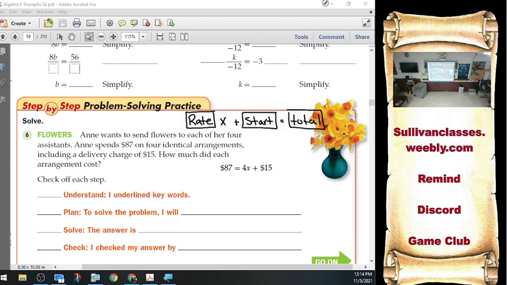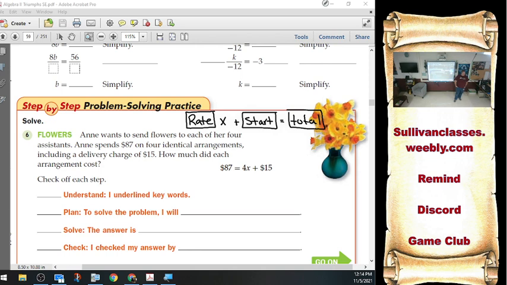Anne wants to send flowers to her 4 assistants. You spend $87 on 4 arrangements, including delivery charge of $15. So even if we didn't see this, do you know a starting amount?